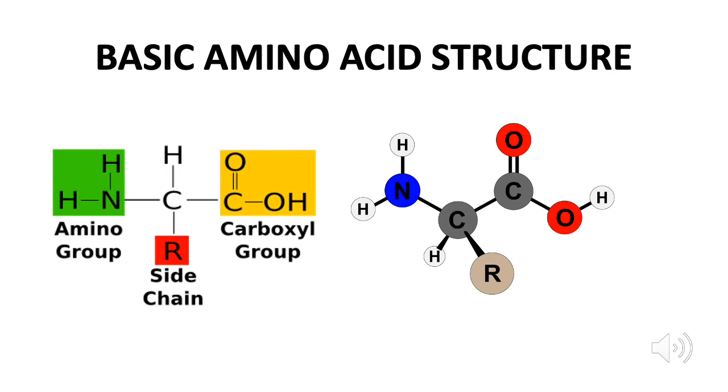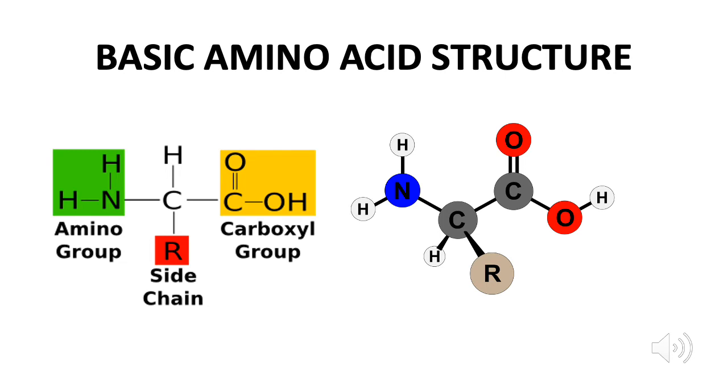And then there's this thing called the side chain, and the side chain is what makes this particular amino acid unique. The side chain can be anywhere from a simple hydrogen to a methyl group, which is CH3, or it could be something really, really long and extravagant. You saw those structures illustrated on a previous slide.